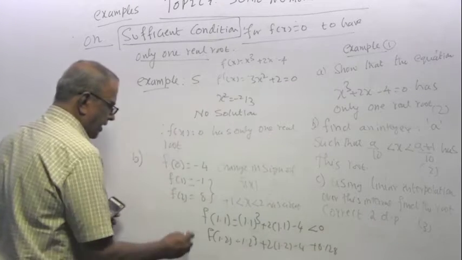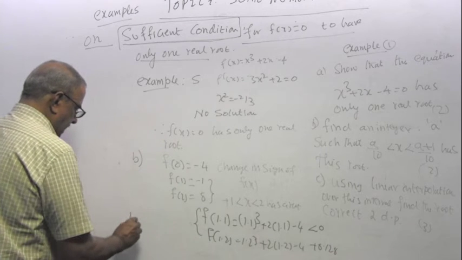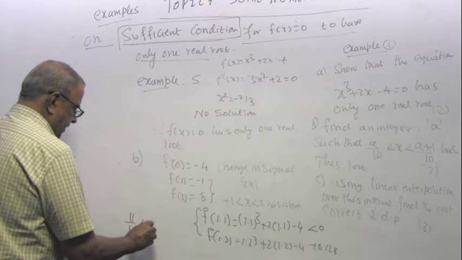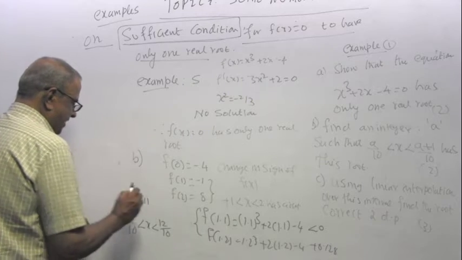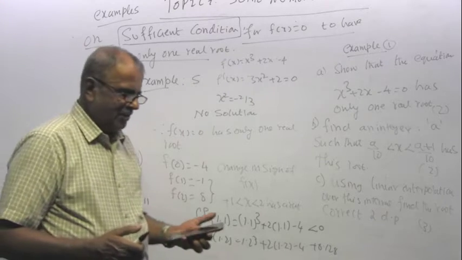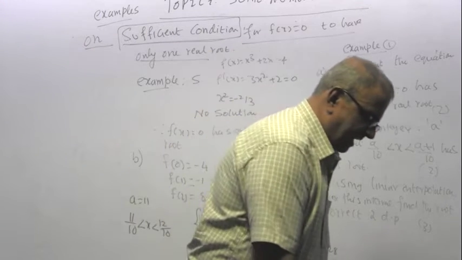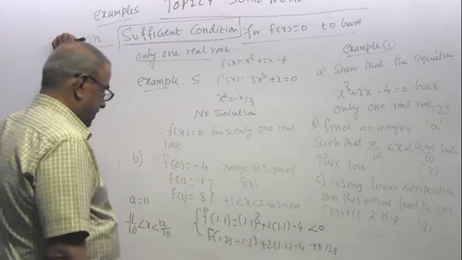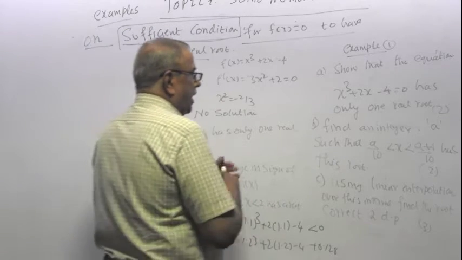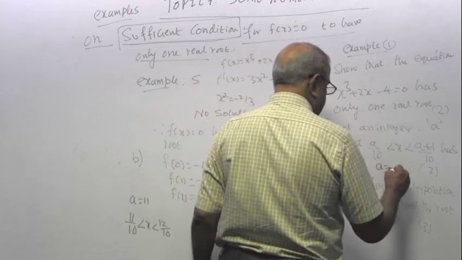So you see there is a change of sign there. So 11 over 10 less than x less than 12 over 10. So your a is 11. Indirectly they have asked you to do a 1 decimal place root. Very good. So now I have proved a is 11.